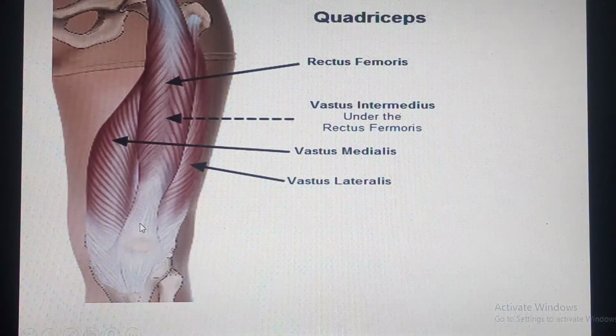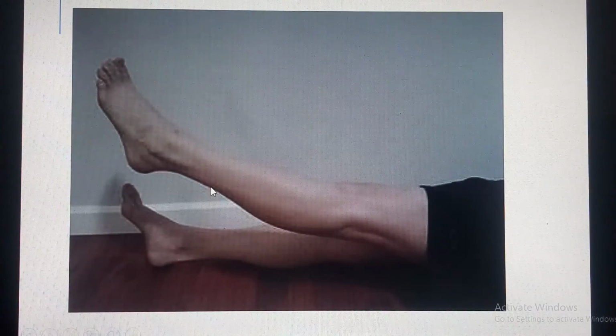Now, one thing that we have to appreciate is that the quadriceps tendon can be used to test for the femoral nerve, or generally to test for the extension ability of these muscles at the knee joint. In doing that, the patient will be asked to lie supine, so that his face faces upwards.